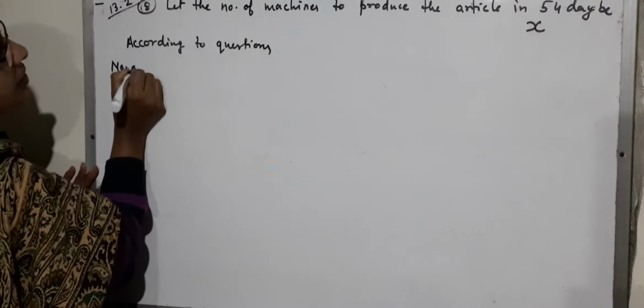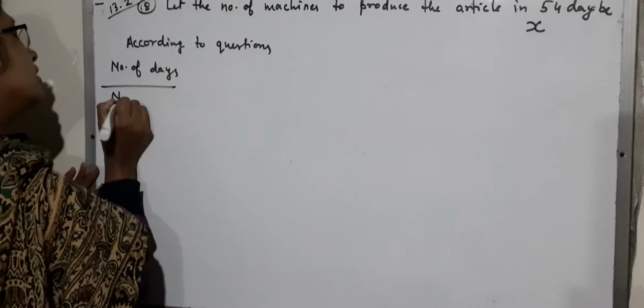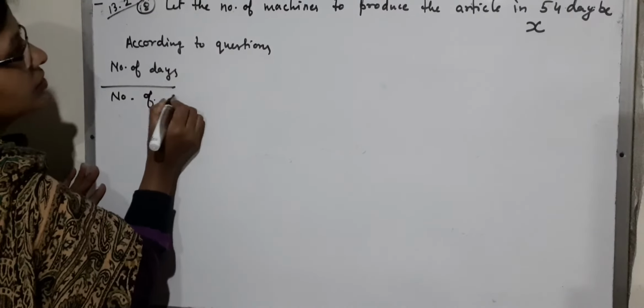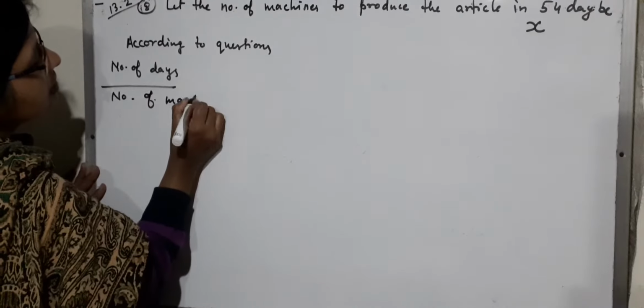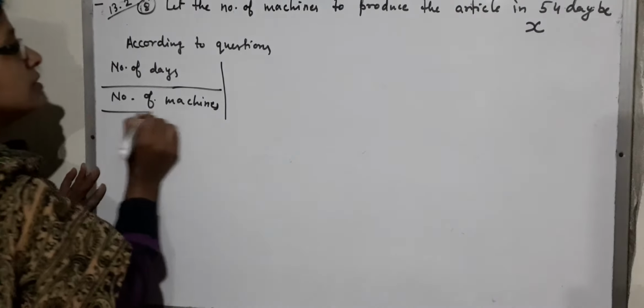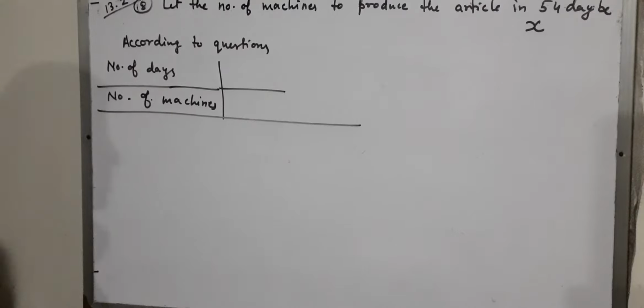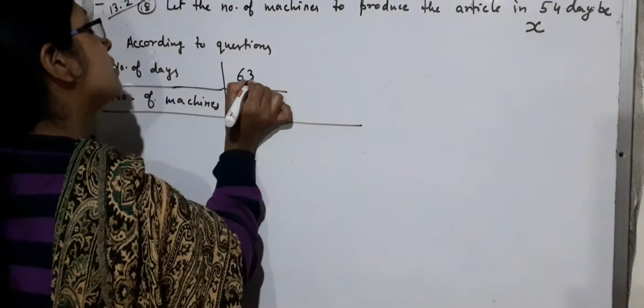number of days upon number of machines. When number of days is 63, then number of machines used is 42.